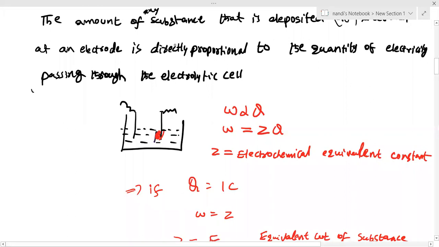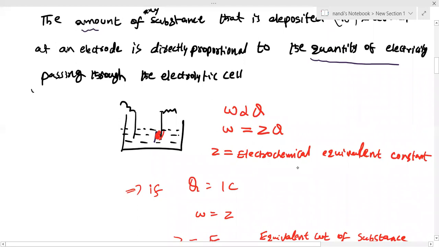I am explaining the statement. The quantity of electricity and the amount of substance are directly proportional. W is directly proportional to Q, where Q is the electricity. Removing the proportionality, I keep a constant Z. Z is called the electrochemical equivalent constant.